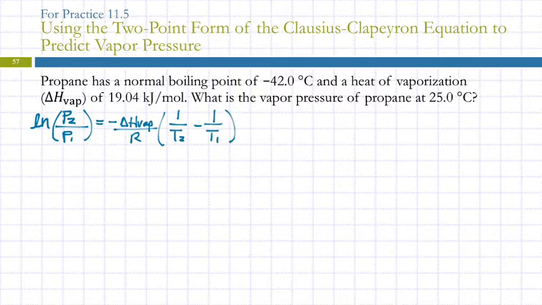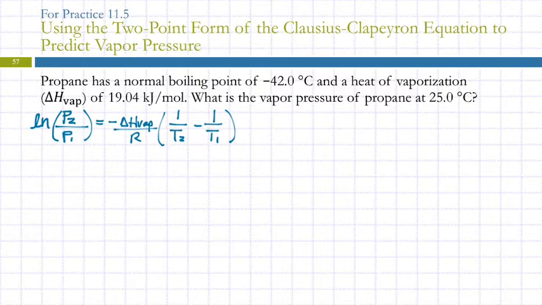So we're looking for a vapor pressure. So we need a pressure, and we need two temperatures, and then we can solve for the other pressure. And you can choose which is 1 and which is 2. Are we going to solve for P2 or are we going to solve for P1? I like to solve for P2 because it's a lot easier. So I'm going to say that this vapor pressure I'm trying to find is P2.